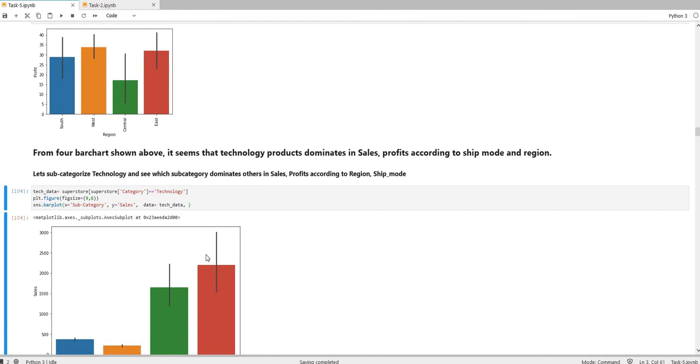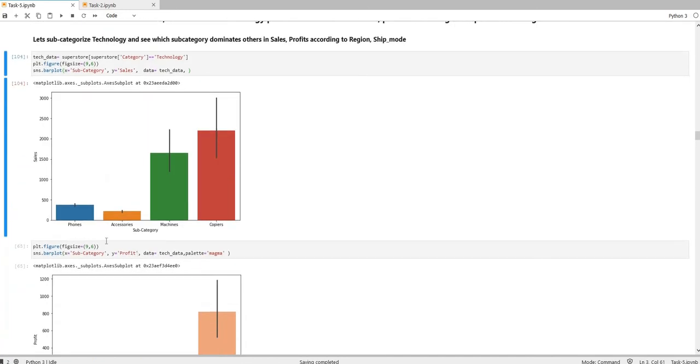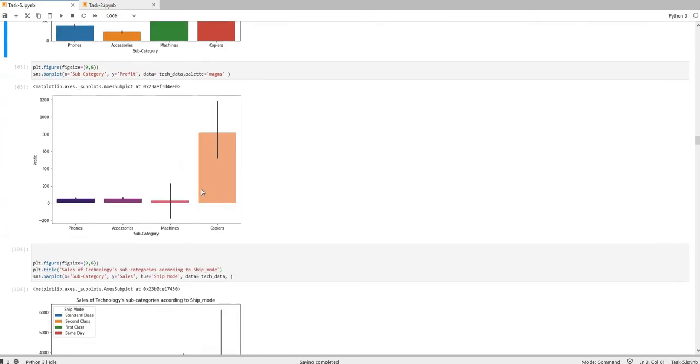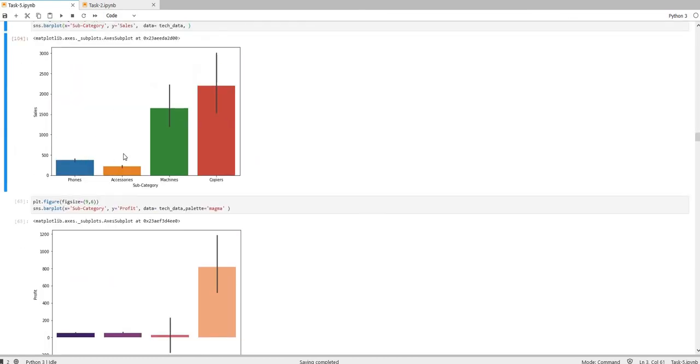Now we are dividing the total categories to look at technology data. Here are four subcategories: phones, accessories, machines, and copiers. We can see that copiers have the highest sales, and also in profit, where phones are in third position.